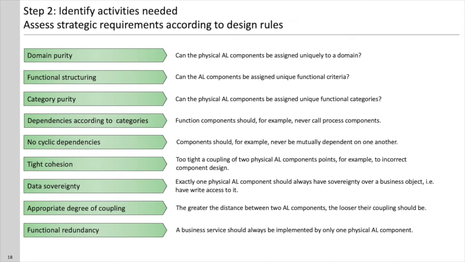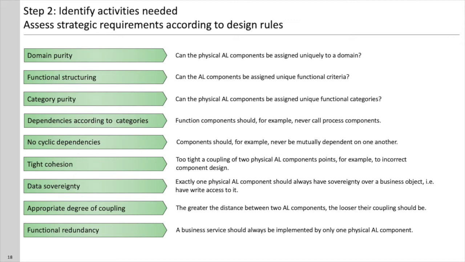So that may be an issue of domain purity. Can the physical AL component be assigned uniquely to one domain, or do we have to act? Functional structuring: can the AL component be assigned unique functional criteria, or do we have to act? Category purity: can the physical AL component be assigned a unique functional category? Is there one concern regarding our 4 categories? You remember: data, function, process, and interaction.